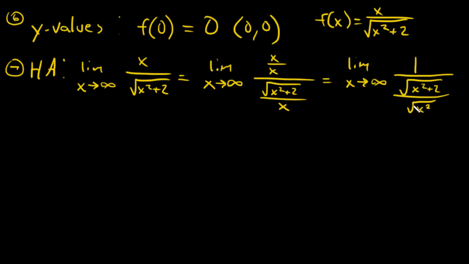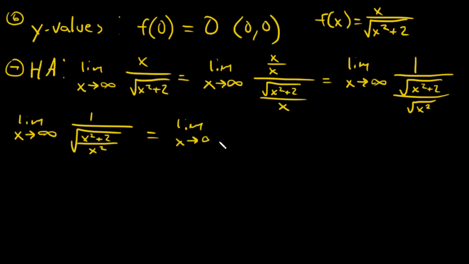Now I can combine that into a single root, so that equals the limit as x approaches infinity of 1 over one big root, x squared plus 2 divided by x squared. Now I'm going to distribute: the limit as x goes to infinity of 1 over big root x squared over x squared plus 2 over x squared.